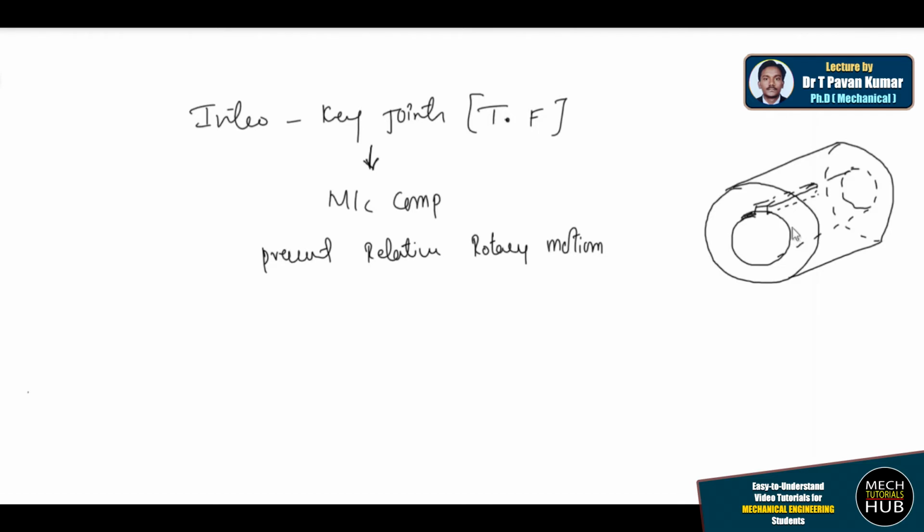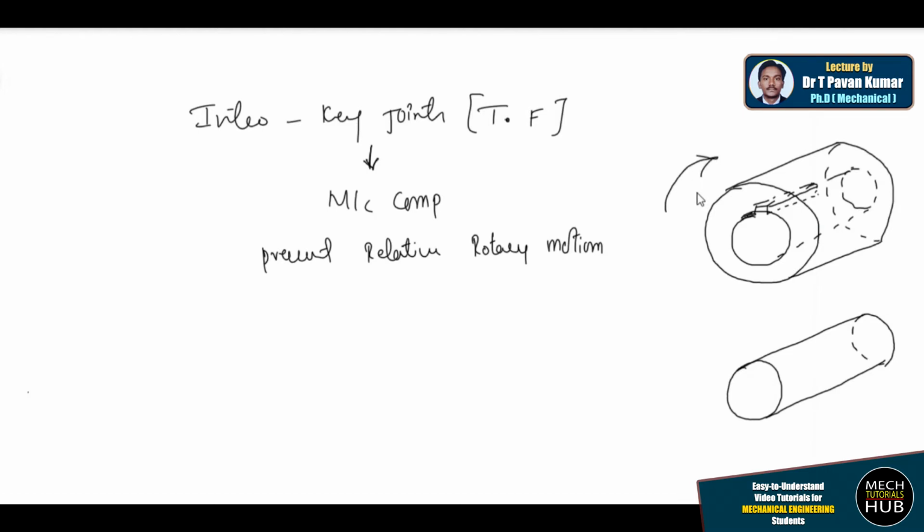inside this particular hub. The idea is that I want to insert a shaft, a circular component, inside the hub, and these two will be locked. I would like to prevent the relative rotary motion between these two.